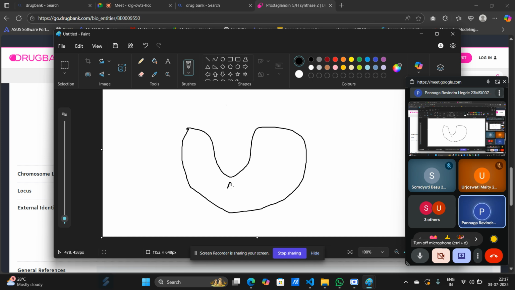So I'll just write AS here. In the non-competitive inhibitor mechanism, instead of the drug binding here, the drug will bind somewhere else. It will not bind to the active site. Although it's inhibition, it is going to be non-competitive. Natural molecules still can come and bind to the active site. The drug is going to bind to non-active sites. Are you guys able to understand? This is called non-competitive inhibition.